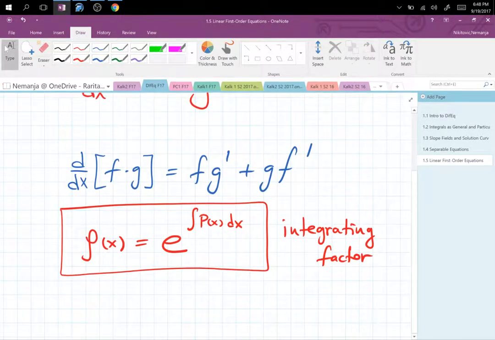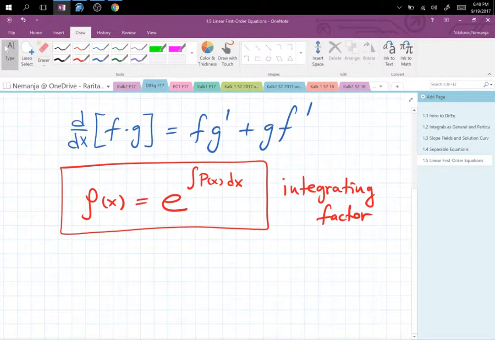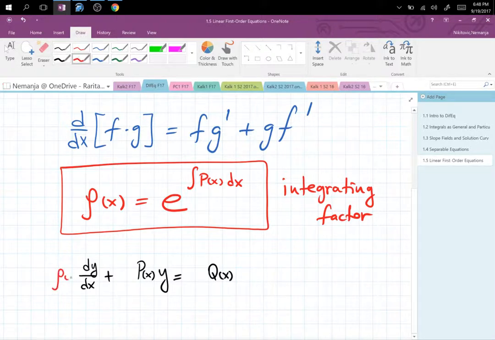So the way this works is, you will have your dy/dx plus, leave some space, p of x y equals, leave some space, q of x. You will multiply this by rho of x everywhere.